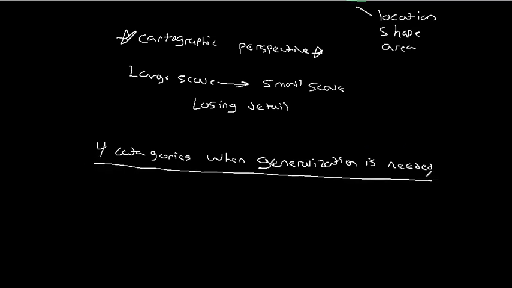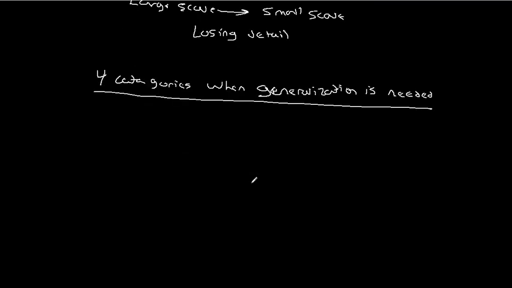These are things that as you change map scale, you're going to want to be looking for. And if you see them, you're going to want to apply some sort of generalization technique. So the first thing that you're going to want to look out for is something called congestion.